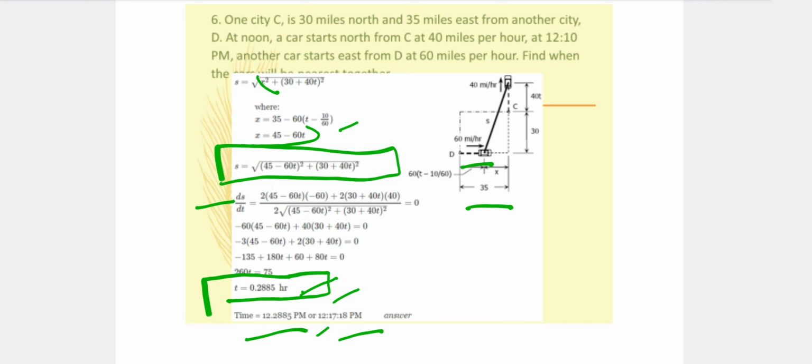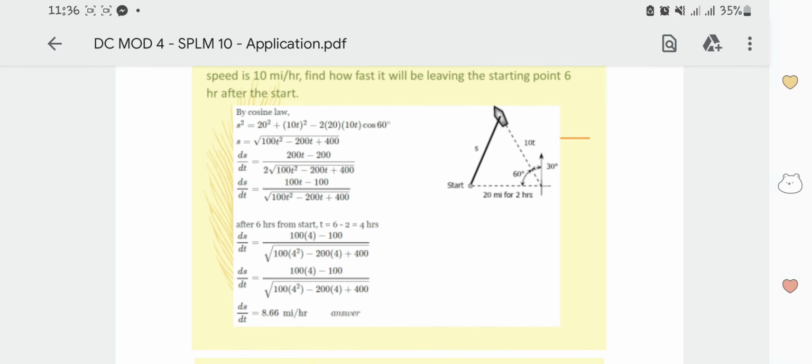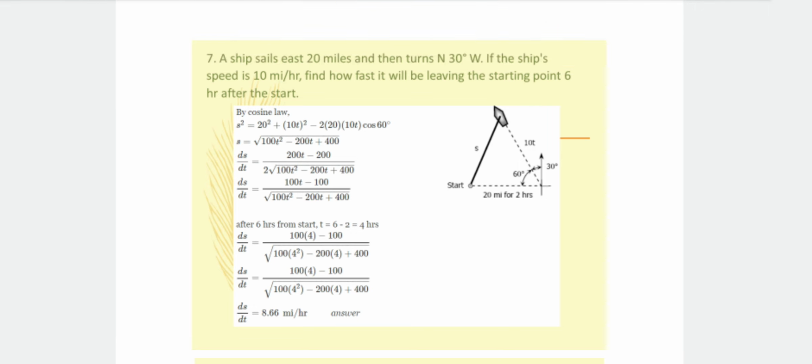A ship, last example: a ship sails east 20 miles and then turns 30 degrees north of west. So at the start, the ship travels east, right? Then after some time, it turns 30 degrees with respect to the northwest direction.